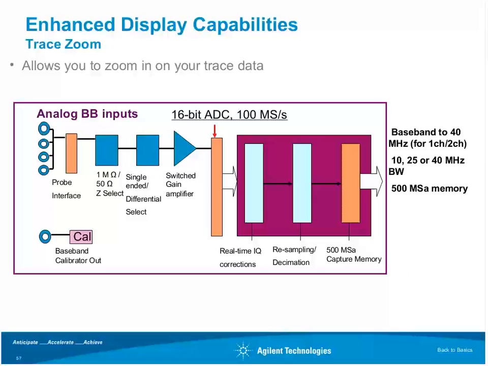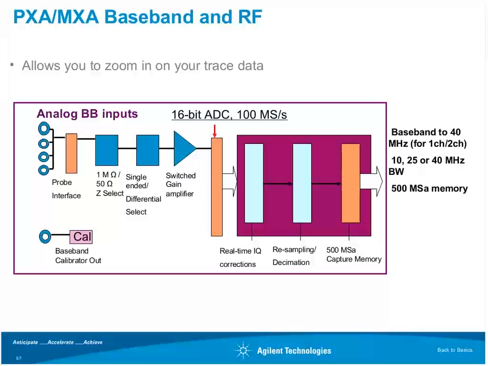Now, historically, RF and microwave signals were always on a 50 ohm connectorized type cable, and we're finding that now more and more there's greater diversity in the way RF and microwave signals are available.